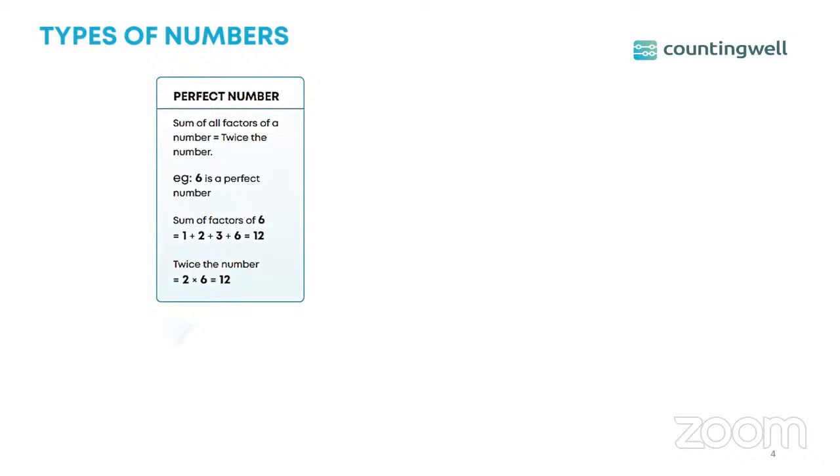We see that the sum of factors of 6 is 1 plus 2 plus 3 plus 6. Note that 1, 2, 3 and 6 are the factors of 6. We get this sum as 12. Next, let us twice this number. We have twice of 6 as 12. So this is called a perfect number.